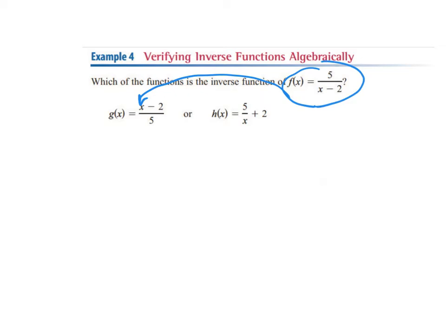And I'm going to say, okay, instead of x, I'm taking f and I'm plugging it into g. Everybody with me on that? So I have 5 over x minus 2, minus 2 over 5.